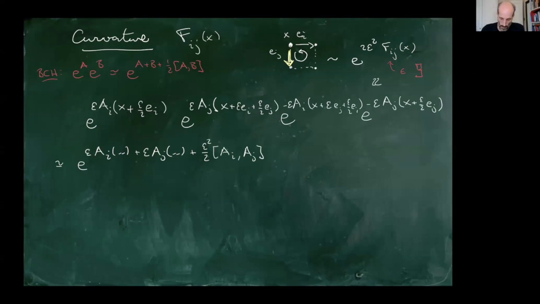And then same thing for the other two. So I have a minus epsilon A_i minus epsilon A_j, and then plus, because it's minus times minus, plus epsilon squared over 2, and again bracket A_i A_j.